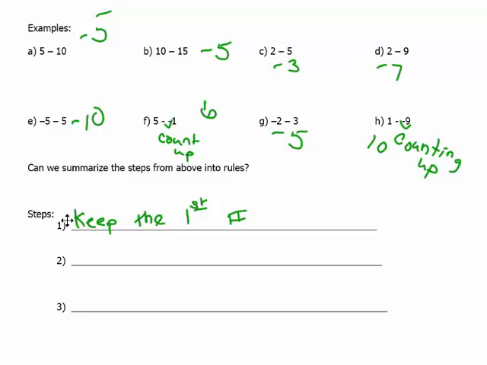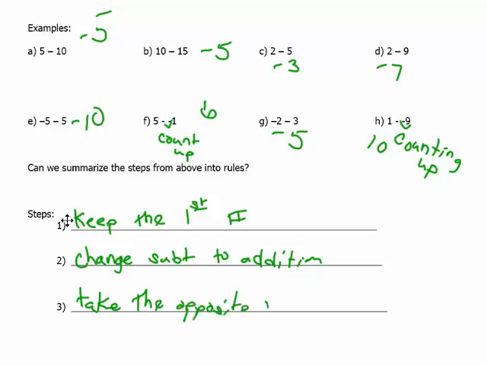So keep the first number, change subtraction to addition, and take the opposite of the second number.